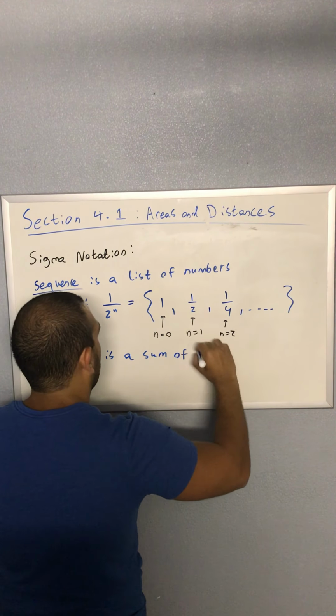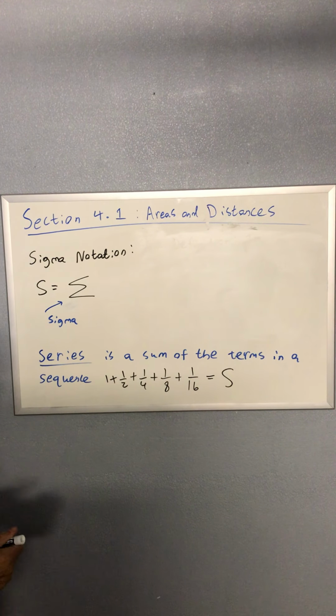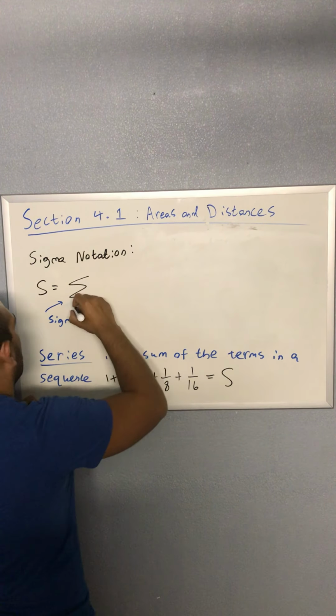Maybe leave a little bit of space, because I'm going to write something here and here. And I'm going to write n, or maybe i is better. Sure, i equals 0 to 4 here.